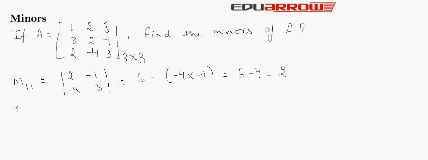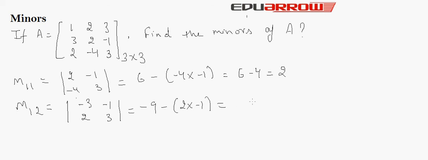Now, M of 1 2 will be equal to minus 3, minus 1, 2, 3, which is equivalent to minus 9 minus 2 into minus 1, which is equal to minus 9 plus 2, which is equal to minus 7.